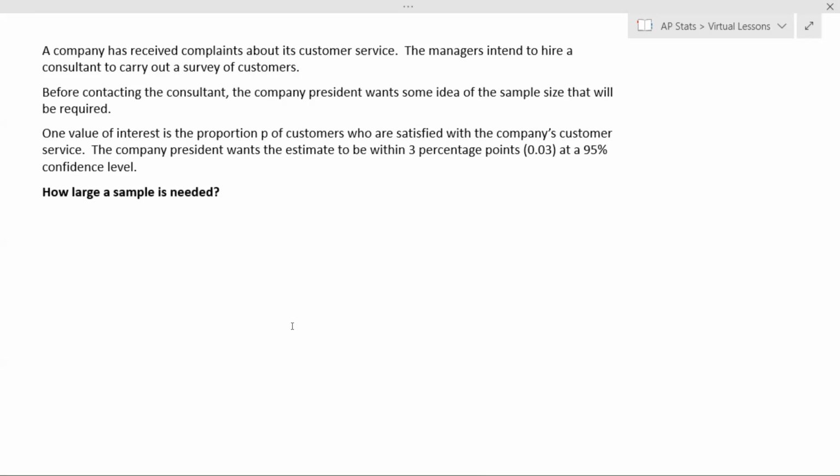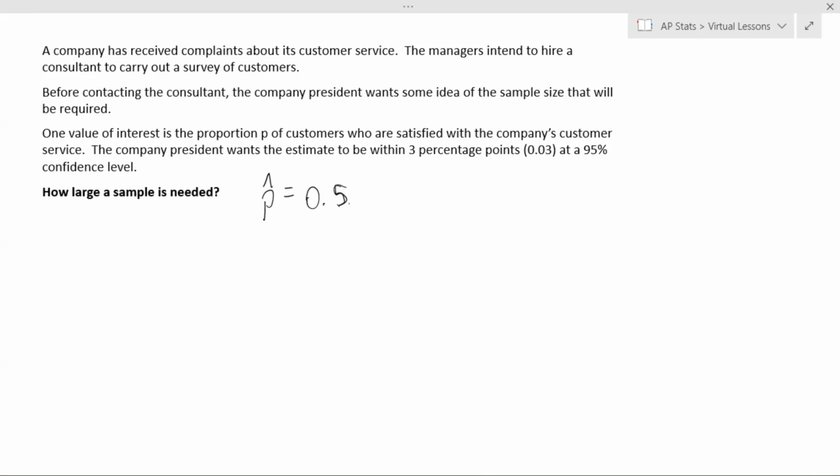So we have no idea about the proportion p of satisfied customers, so we use p hat equals 0.5. This is going to yield the best result if you assume 50%, because the further away you get from 50%, whether higher or lower, when you do your 1 minus p hat, it's going to be the opposite.